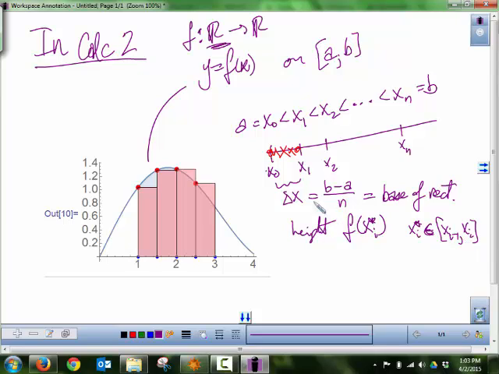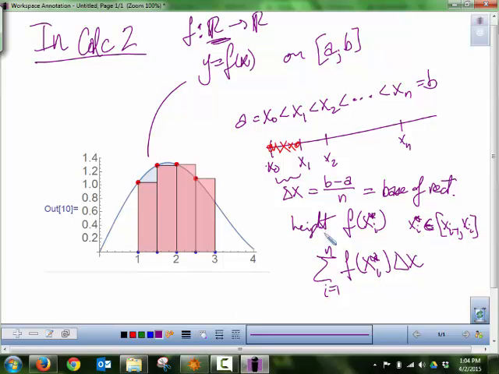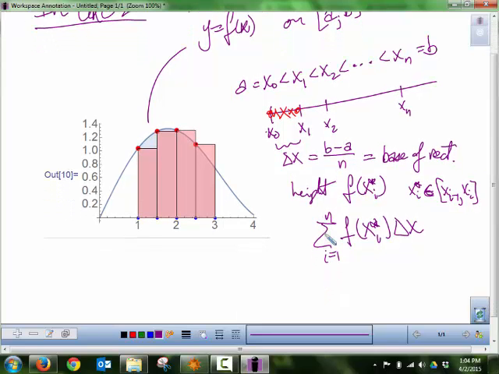And so base times height, this times delta x, is your rectangle. This is one rectangle, and you add up all those rectangles. Then you have an approximation, and usually the larger your n is, the better the approximation is, until you take it all the way to infinity.